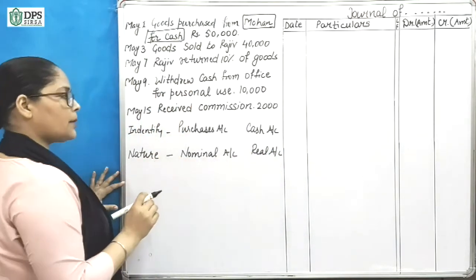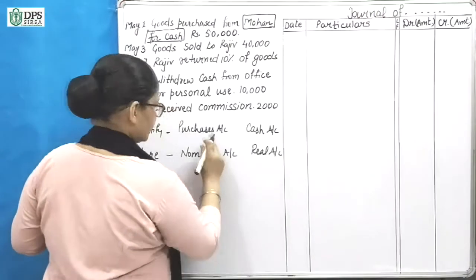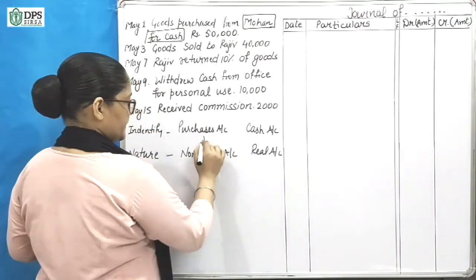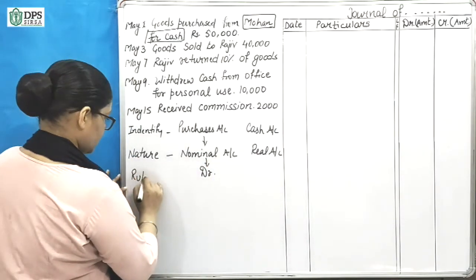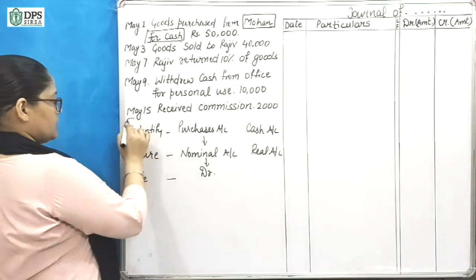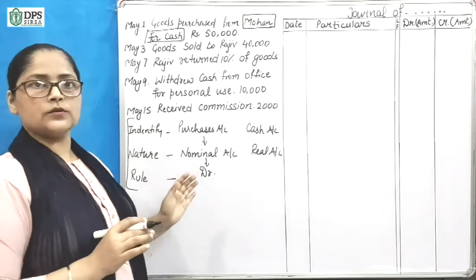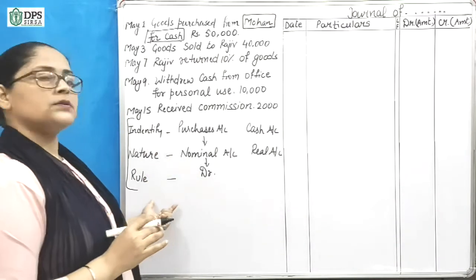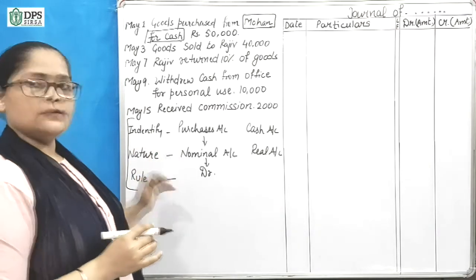The rule of the nominal account is all expenses are debit, so purchases will be debited. Here we will apply the rule. There are 3 steps. These steps are for beginners. When you become perfect in doing journal questions, there is no need to write these steps.